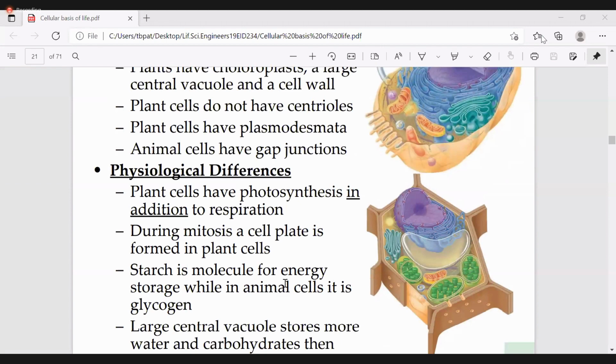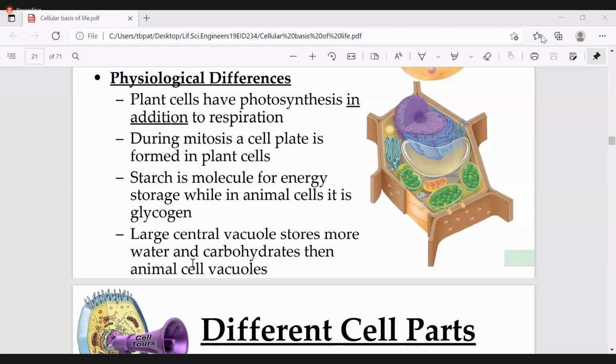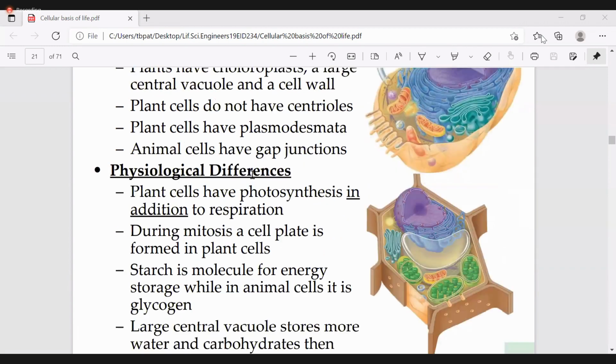Starch is the molecule for energy storage; after photosynthesis, the starch, an energetic substance, is generated. Animal cells have glycogen. The large central vacuole stores more water and carbohydrates than animal cell vacuoles. The biggest vacuole is in plant cells. Here only small gaps are present.